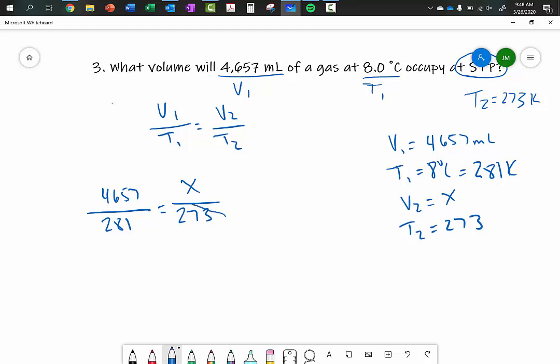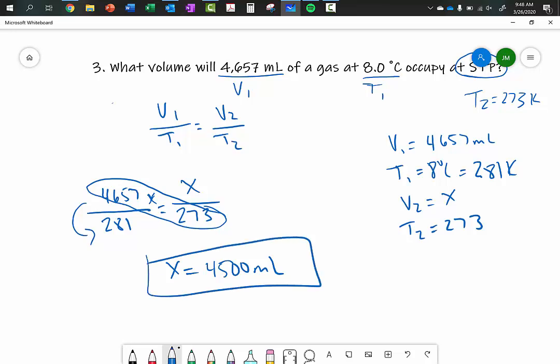So I'm going to multiply these two, and then divide by 281 for an X value of 4,500 milliliters. I know that my unit is in milliliters because I started with milliliters and I did not convert that. So my answer will be in milliliters. All right, that's number 3.